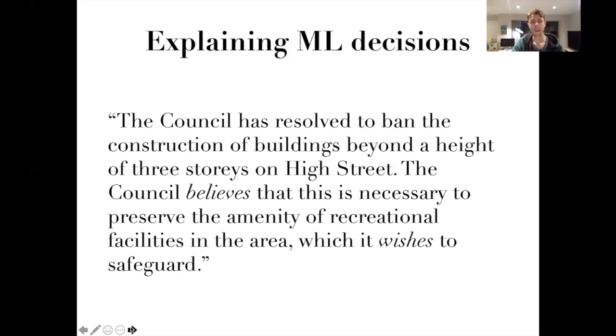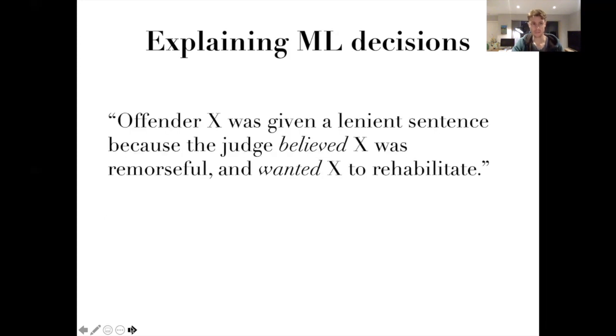And here's another example from criminal justice. Offender X was given a lenient sentence because the judge believed X was remorseful and the judge wanted X to rehabilitate. So that's another example. These and a host of other illustrations that I could give from real court decisions all the way through to the decisions of central banks on interest rates, for example.